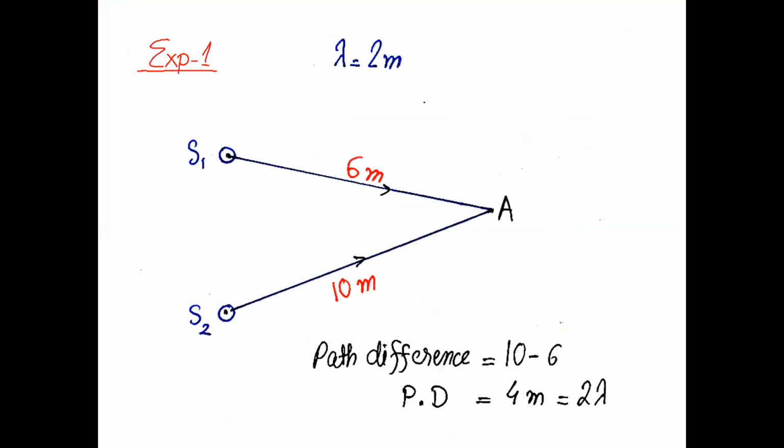What is path difference actually? You can show it by the difference of the distance traveled. One wave has traveled 6 meters and the other wave has traveled 10 meters. So the difference is 4 meters. We can convert it into lambda; in terms of lambda, it is 2 lambda.